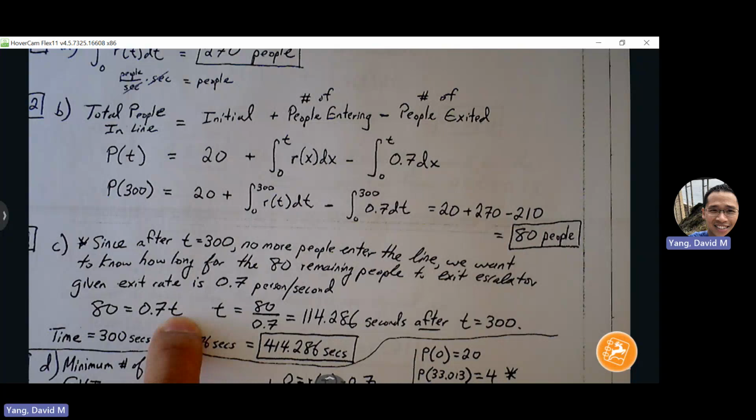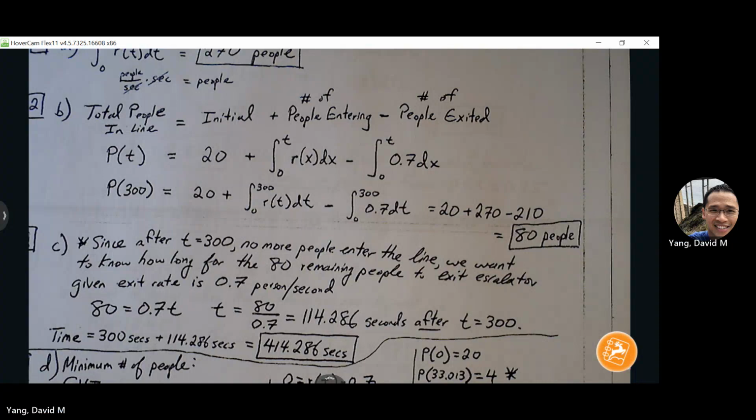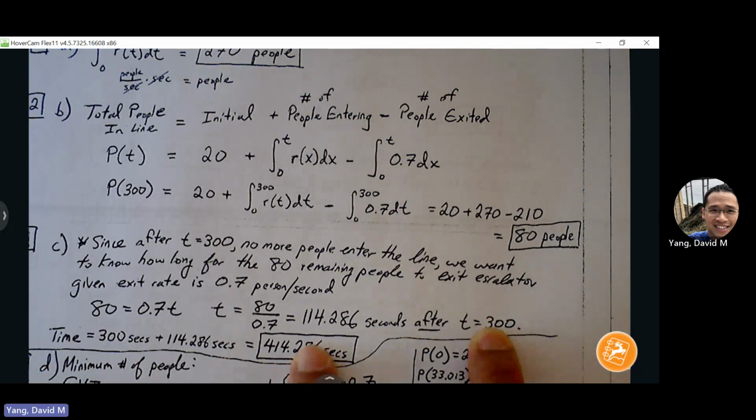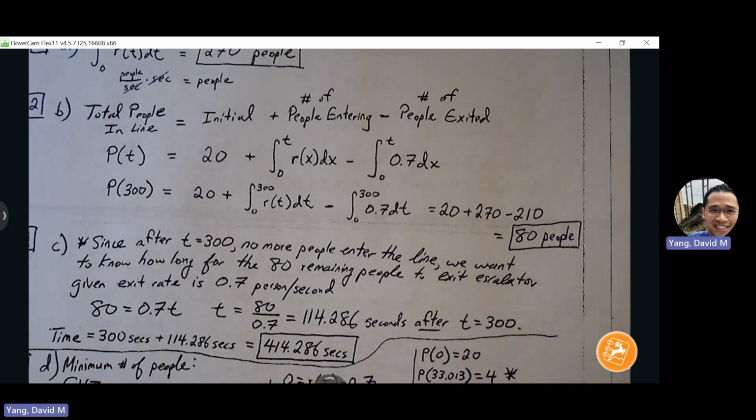So that means if I divide both sides by 0.7, it'll take 114 seconds after 300 seconds in order for those 80 people to clear out. So the 300 plus 114 will give us 442.